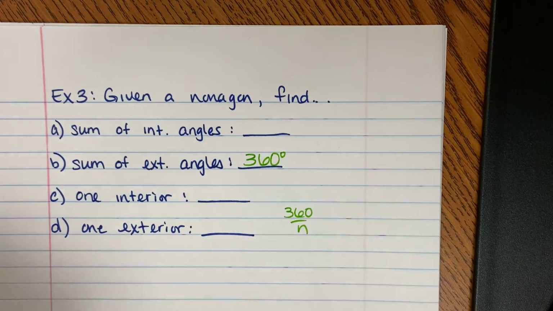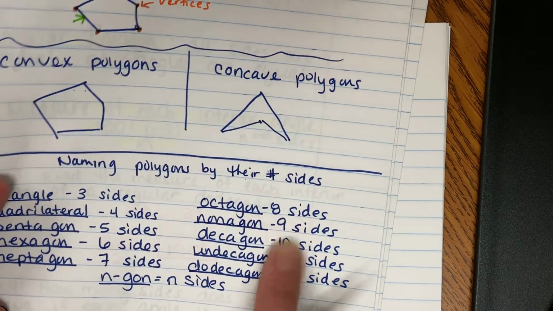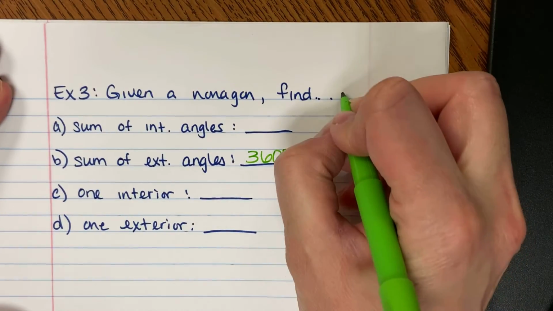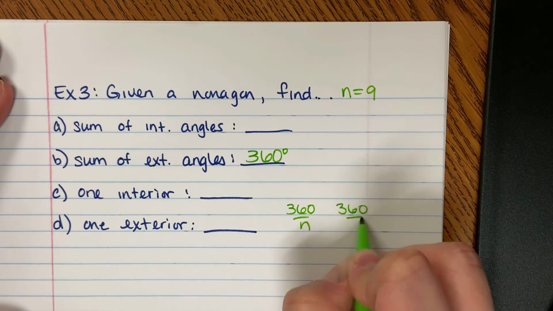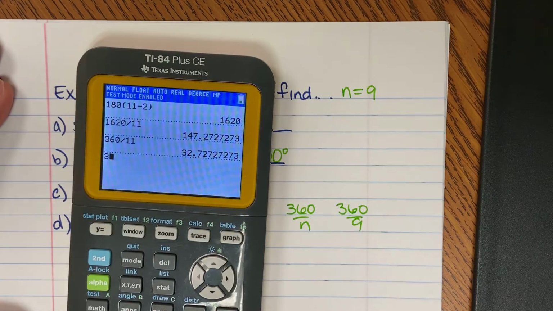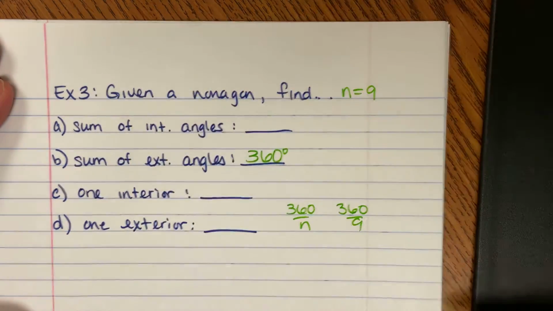So I need to look up that polygon, and a nonagon has 9 sides. So I know n equals 9 here. So 360 divided by 9 is 40.